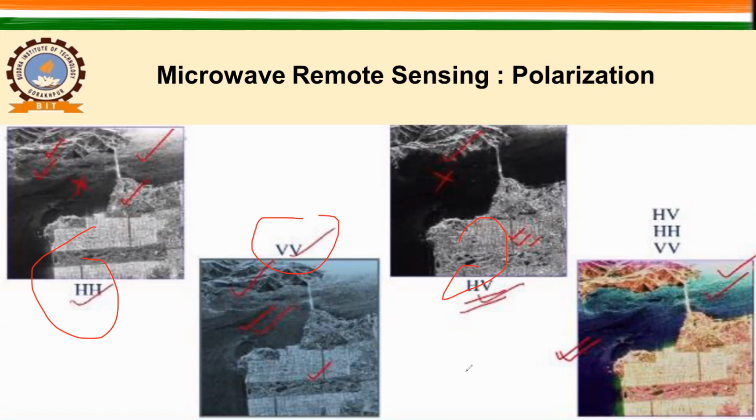So here you can find out some features which was not visible in this one and not even this one. But if you see HV, your settlement or the building information or the geometry of smaller objects are better. So if we use this, our information will be different, if you use HH, our information will be different.